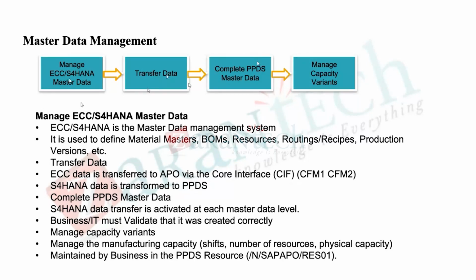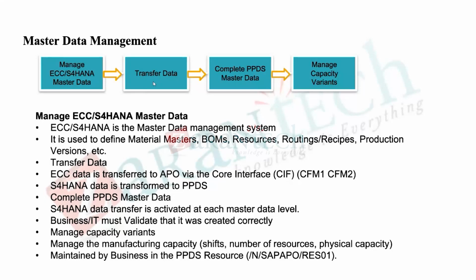Okay. Then when it comes to the PPDS side, there are some data elements which you set up in PPDS directly. Whether it is ePPDS or PPDS, you have to enhance the resource. For example, you would do some shifts and shift sequences on the PPDS resource. Correct. So only from a resource perspective, you do some modifications. The rest of the data comes as it is.